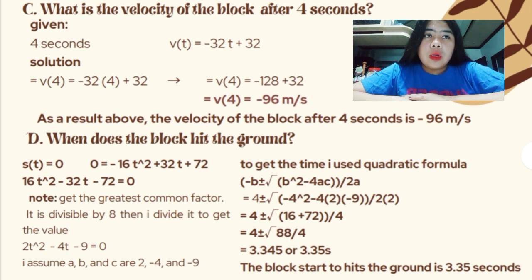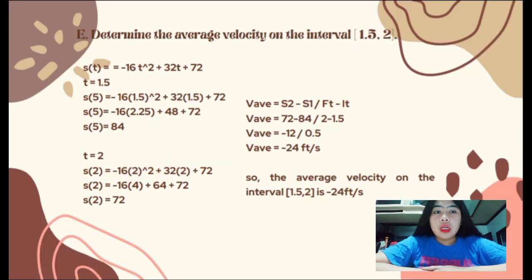So is equal to 4 plus or minus square root of 16 plus 72, all over 4. So I use the operation of addition, which is 4 plus square root of 88 divided by 4, is equal to 3.345 or 3.35.